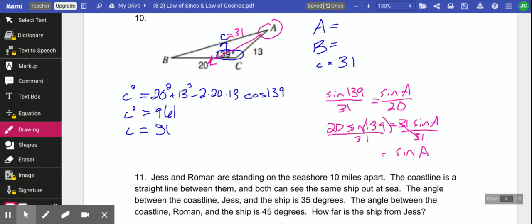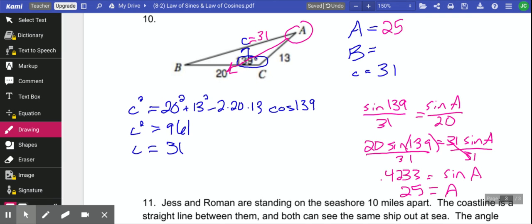Make sure you close those parentheses. Put that in the calculator. 0.4233. It goes on. Just do the inverse sine of that in your calculator. And we get 25 for angle A.